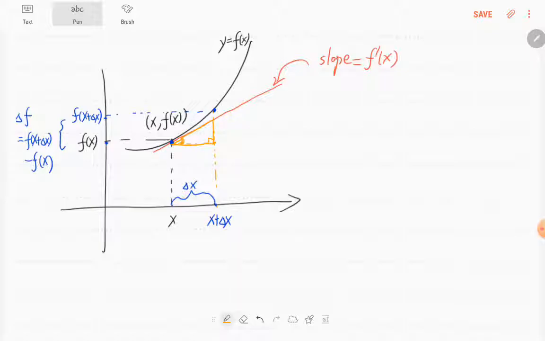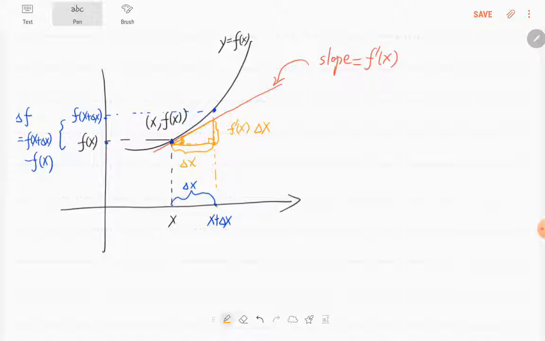In pre-calculus, the slope of this straight line is tangent theta. So tangent theta is f prime of x. If you multiply by delta x, this part would be f prime of x times delta x.